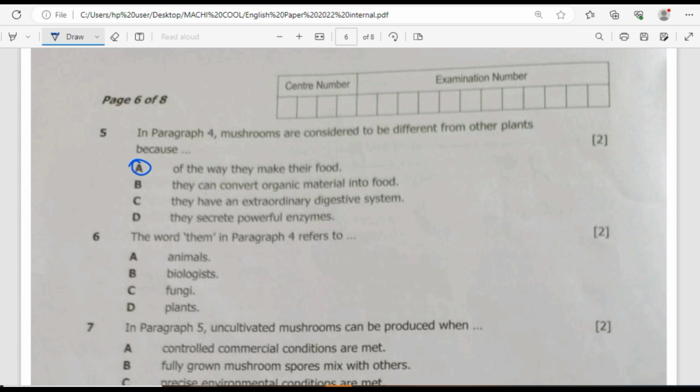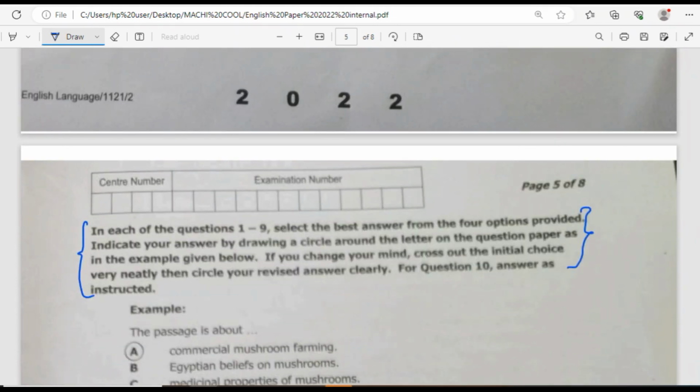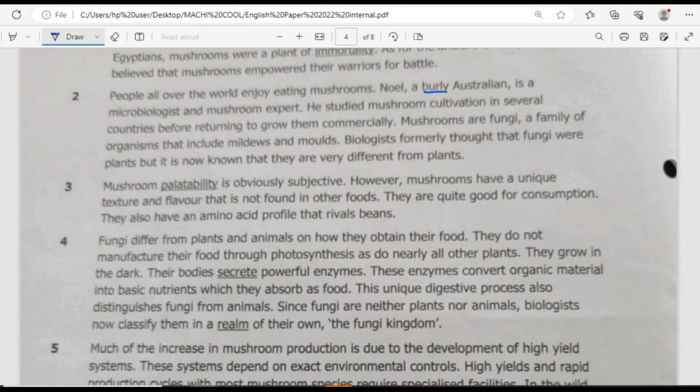Okay, question 6. The word them in paragraph 4 refers to, so let us see paragraph 4. Fungi differ from plants and animals in how they obtain their food.